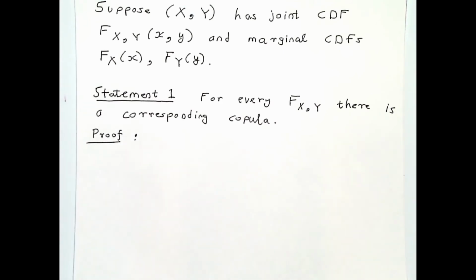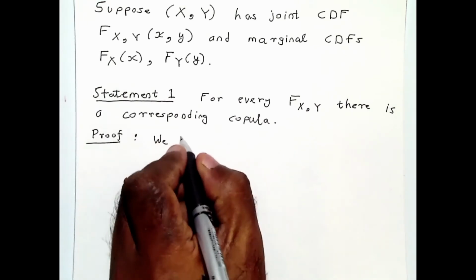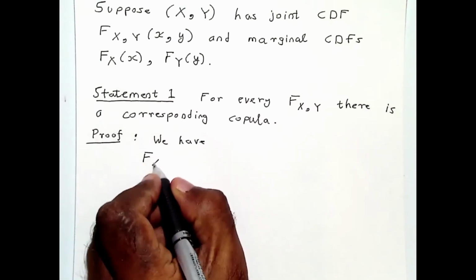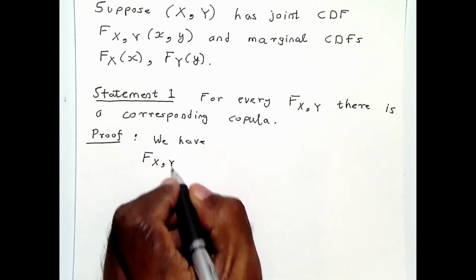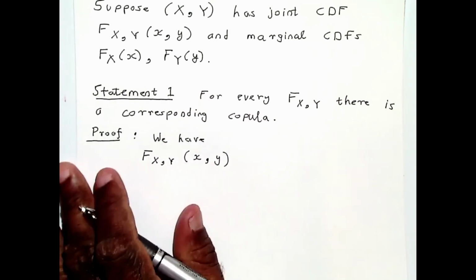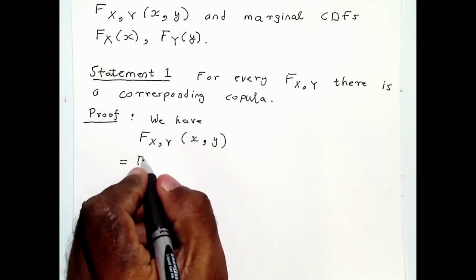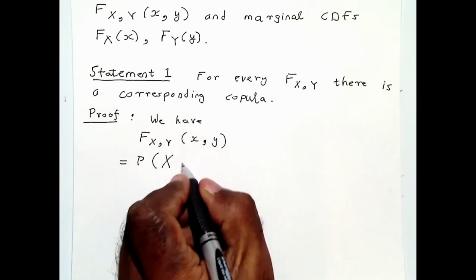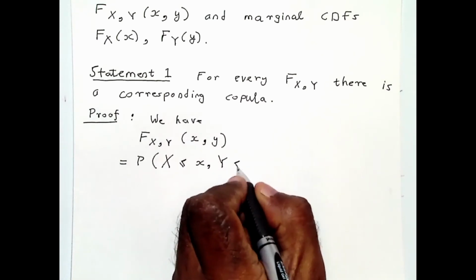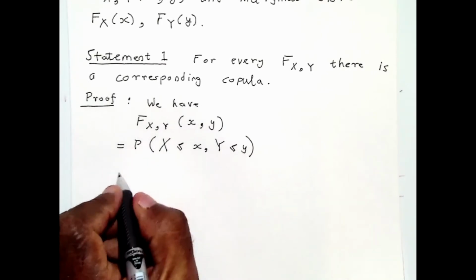Okay. Now I'm going to start with the joint CDF of X and Y. I'm sure you know that the joint CDF is defined as the probability that capital X is less than or equal to little x, capital Y less than or equal to little y. Now I'm going to do the following.